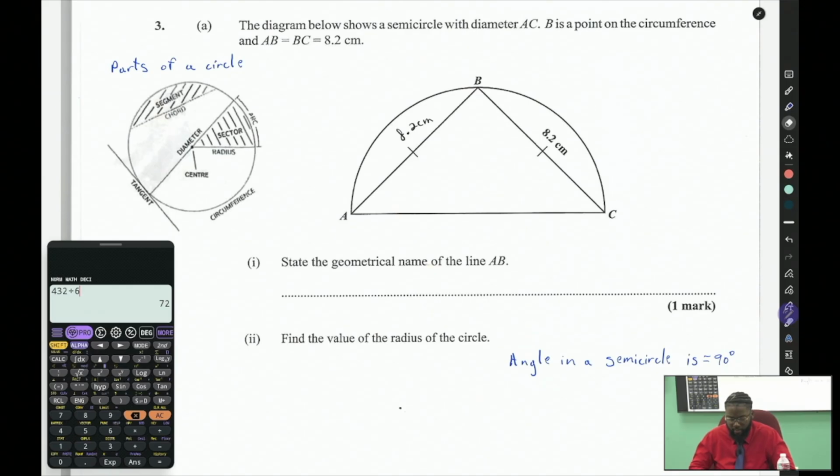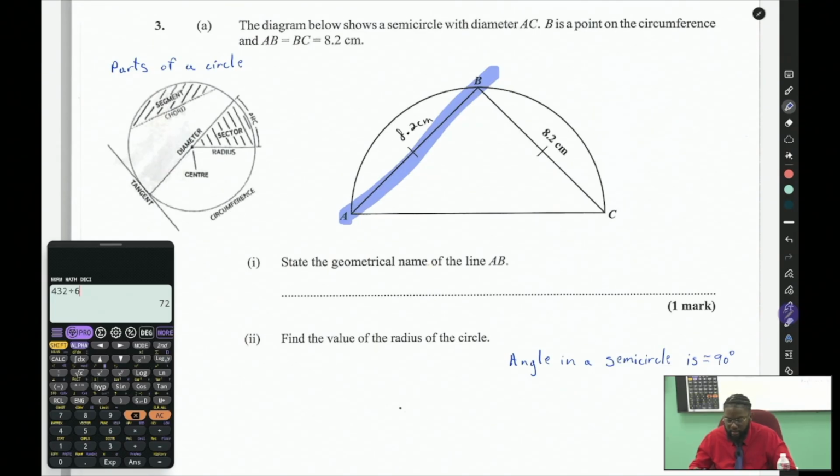So part 1, state the geometrical name of the line AB. So AB is right here. So looking at the parts of our circle, the diagram, we would therefore figure out that this line is not a radius because it doesn't go through the center. It's also not a diameter either because it doesn't go through the center.